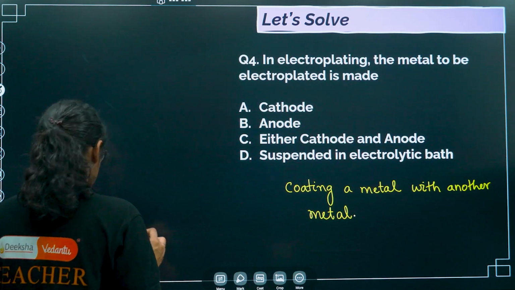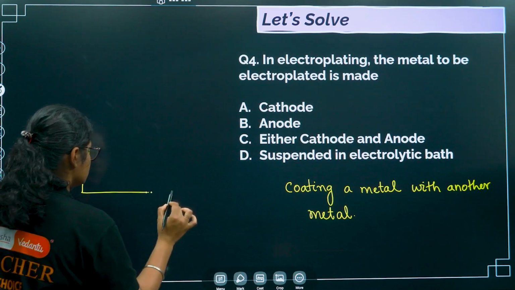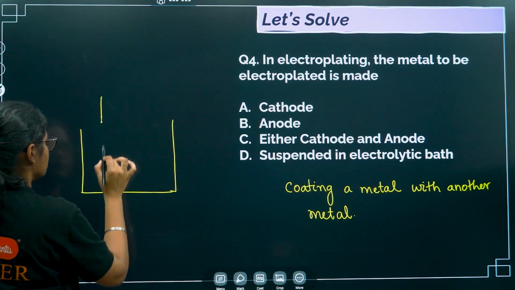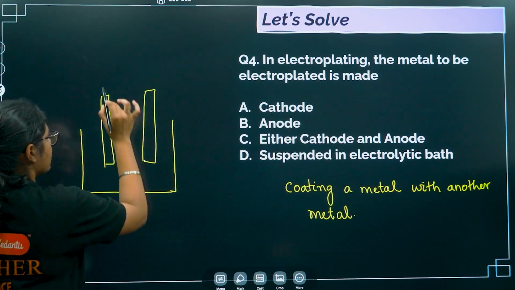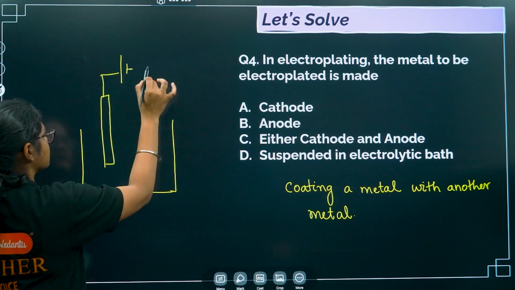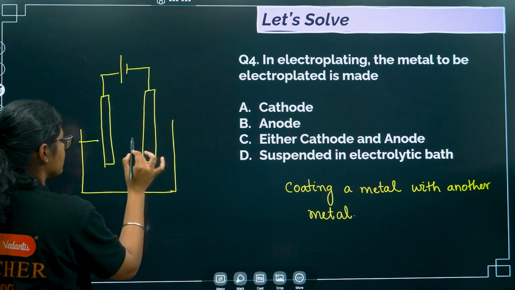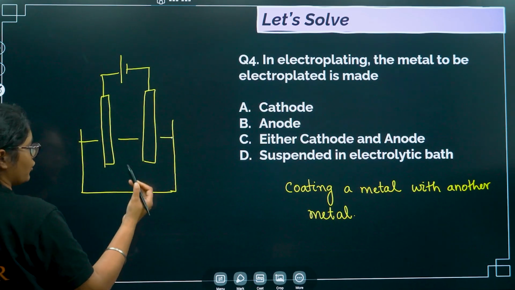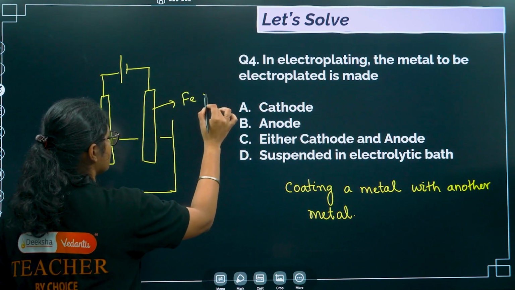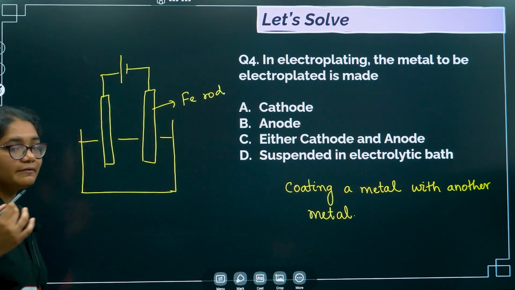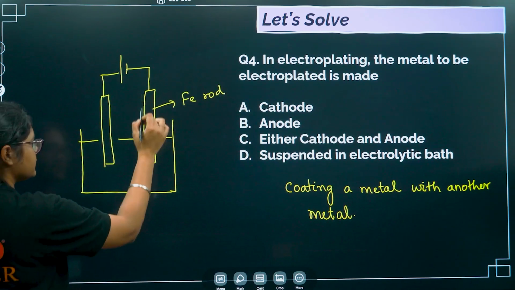Suppose you have taken a chamber and you have taken two rods. One side it is positive and one side it is negative. Now you want to coat, for example, this is any iron rod, and you want to coat it with zinc.